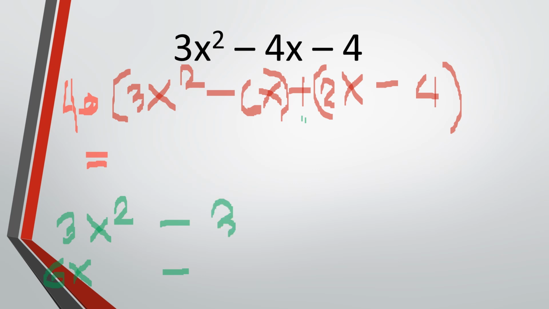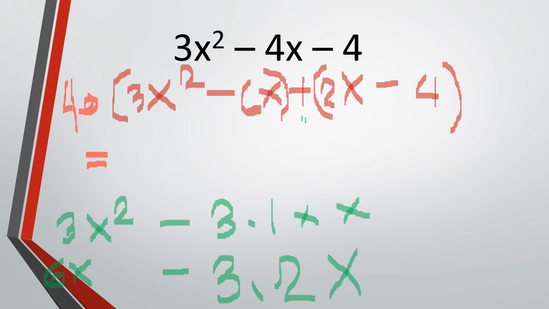Now, if you have 3 divided by 3, the answer is 1, and we have here x and x. Now, if you have 6 divided by 3, the answer is 2, and we have here x.